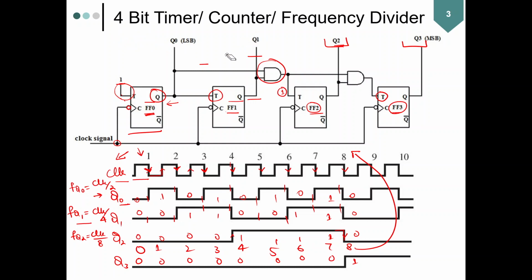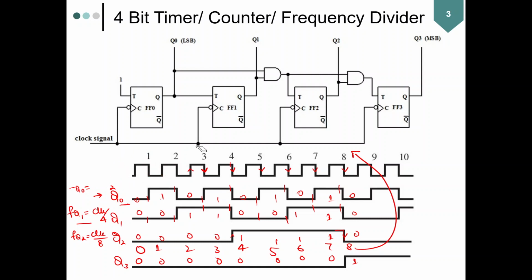So we know that by giving it a specific clock frequency. So suppose that the clock signal given to it is 1 hertz.